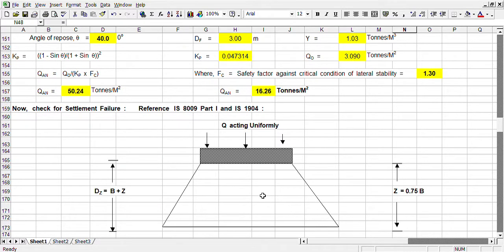Now another important thing: what is SBC? SBC, first, safe bearing capacity, should be safe against shear failure criteria, and it will be allowable only if within the permissible limit of settlement. Initially, in earlier conception, the permissible limit of foundations was 1 inch, means 25 mm.